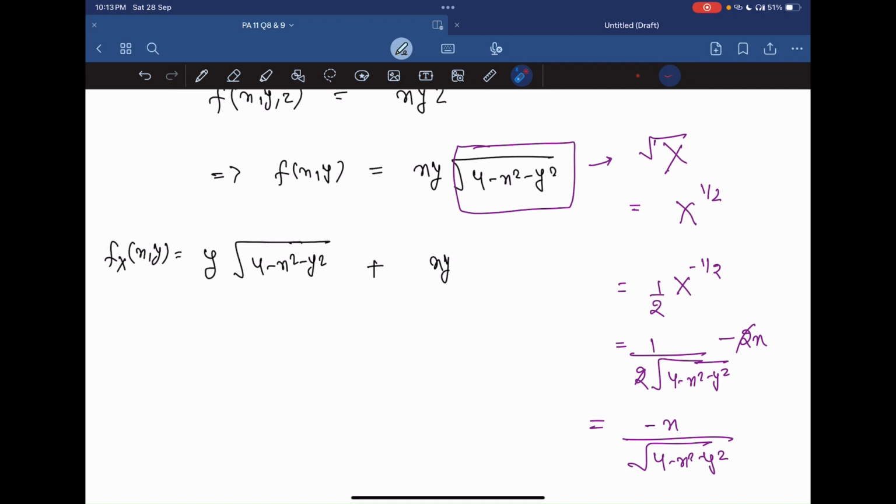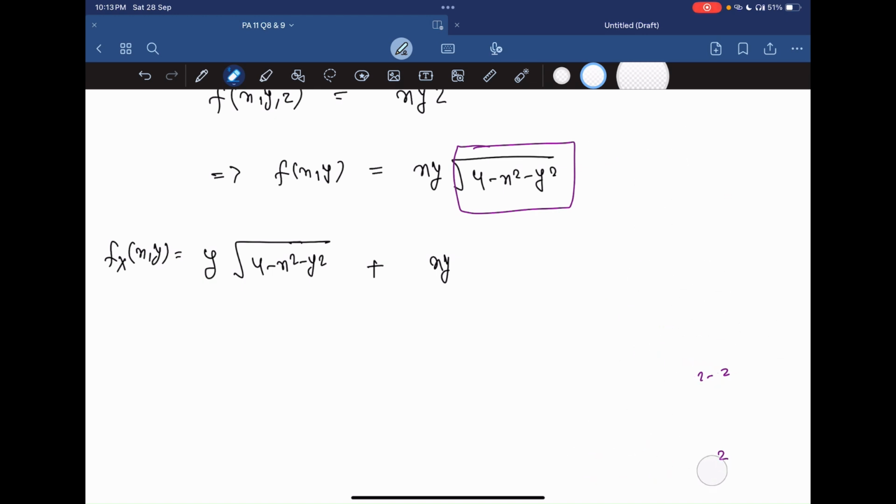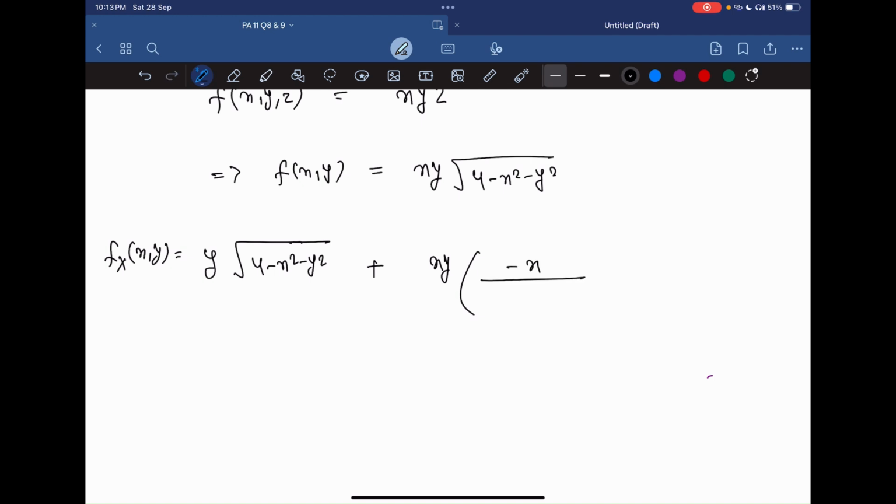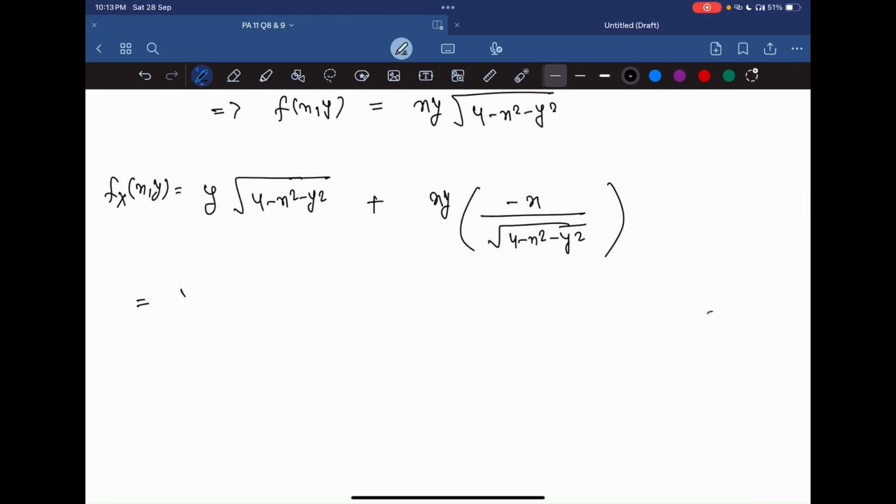So this is the derivative of the square root of 4 minus x square minus y square, which is minus x by the square root of 4 minus x square minus y square. So we can simplify it as y into the square root of 4 minus x square minus y square, minus x square y divided by the square root of 4 minus x square minus y square.